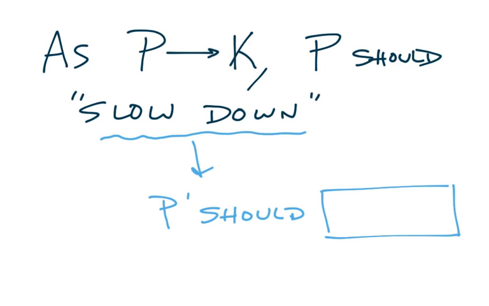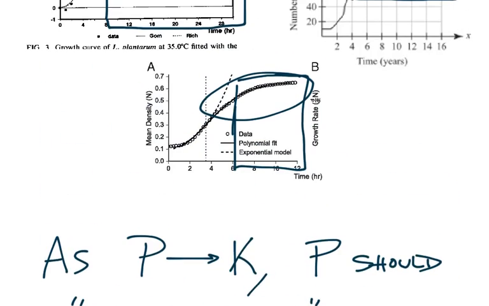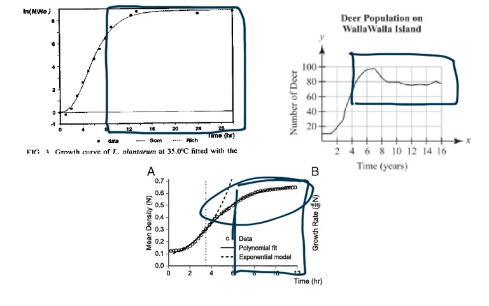That's exactly what I said verbatim. Now, what we need to do is put that into some calculus language. This means that P prime should do something. What does it mean for P to be slowing down? If you look at the graphs, it looks like our functions are leveling out. It looks like our data is leveling out.